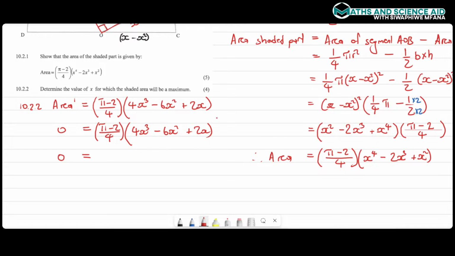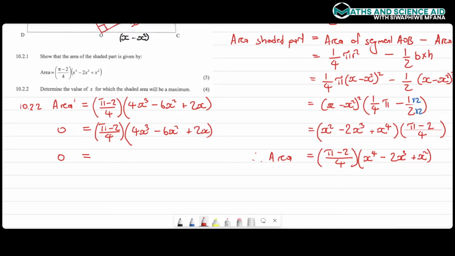So fortunately here, you will not have to go through those complex steps of factorizing a cubic polynomial. But we can just take x out as a common factor and then look at this. Oh, actually, we can even do better than that because you see we've got 4, 6, and 2.